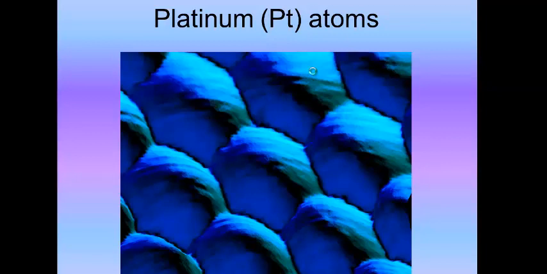This is a picture of platinum atoms taken by a device called a scanning tunneling microscope. If you look, the area that my little pointer is tracing out in the shape of a hexagon, that was actually a platinum atom. Nickel atoms look a little bit different than the platinum atoms do.